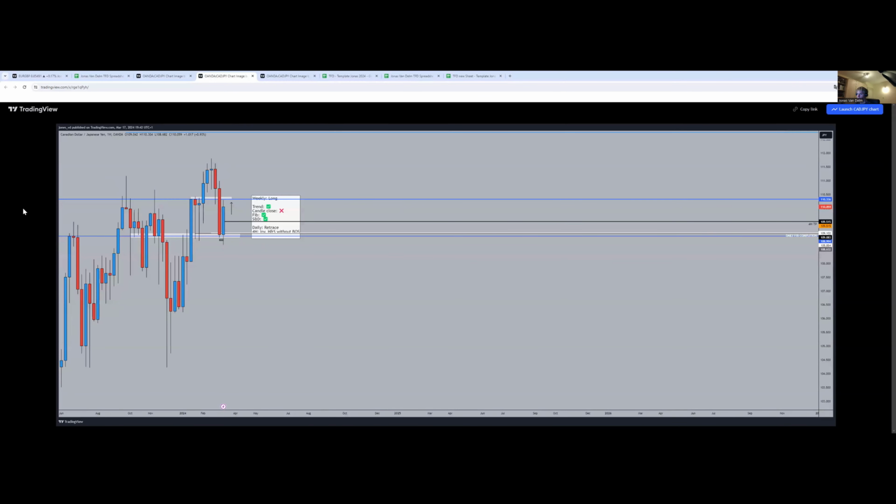And then on the weekly, what did we have there? A very clean supply and demand, acting as clear resistance here, support, support, resistance, support, support. And we had that potential false break of this bullish M here, with this potential false break fake out.